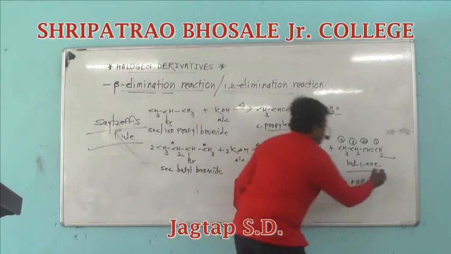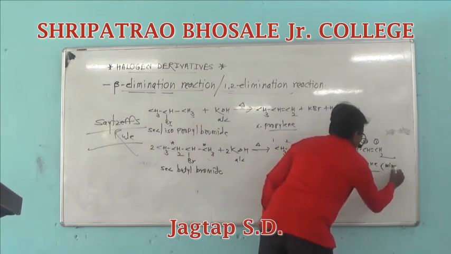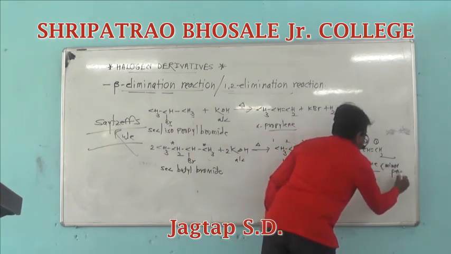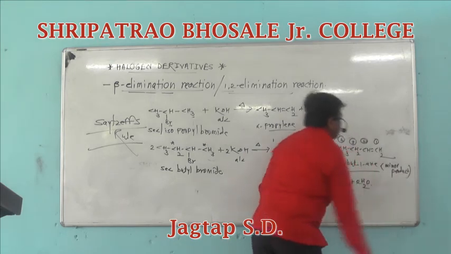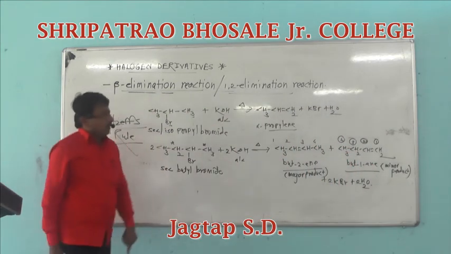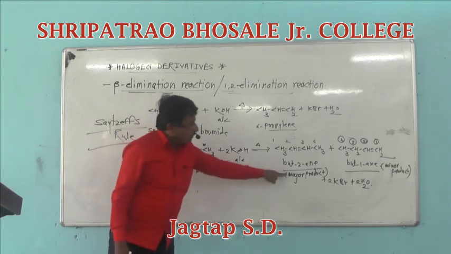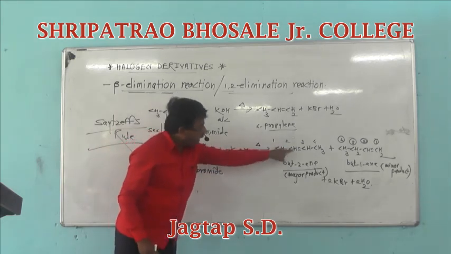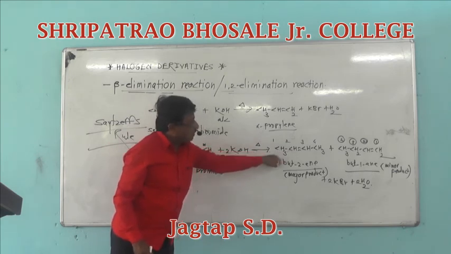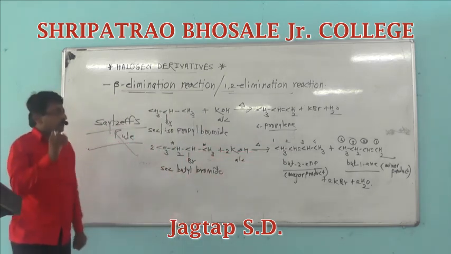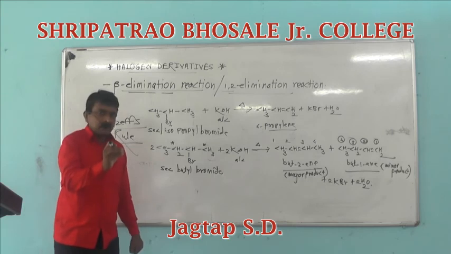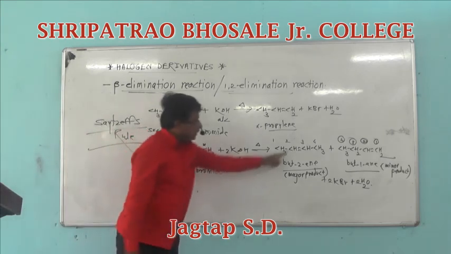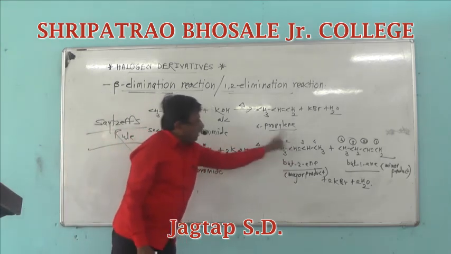But-1-ene is minor product. The major alkene is that alkene which contains larger number of branches. So here the major product may be but-2-ene.